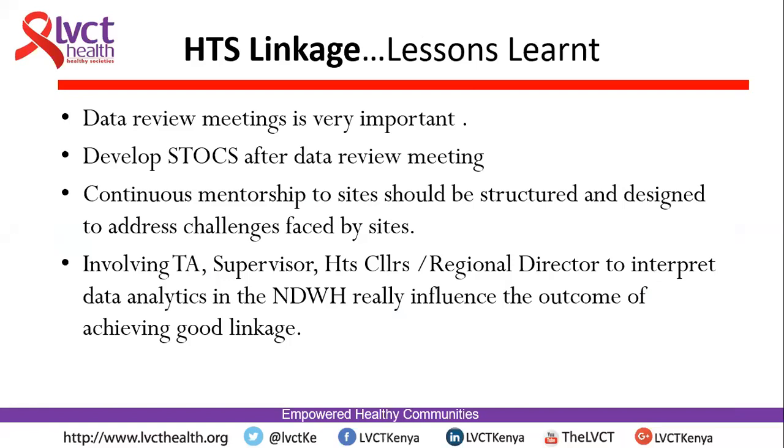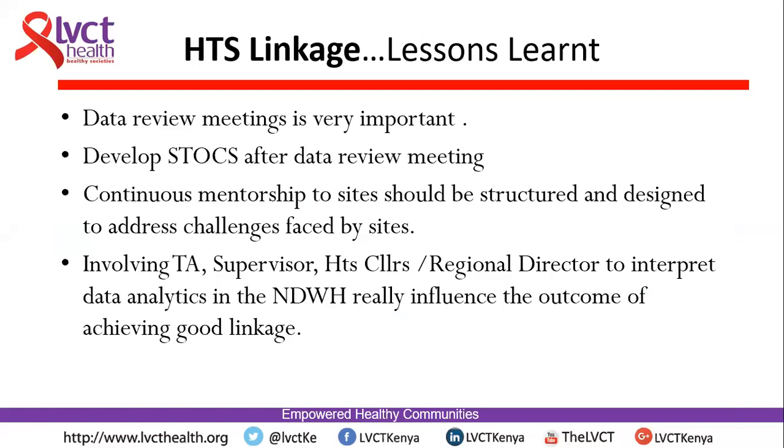So one of the lessons that we have learned during the implementation of the eHTS is that the data review meeting is very important for these sites, for them to be able to understand the data that is in the EMR and also to use this data.